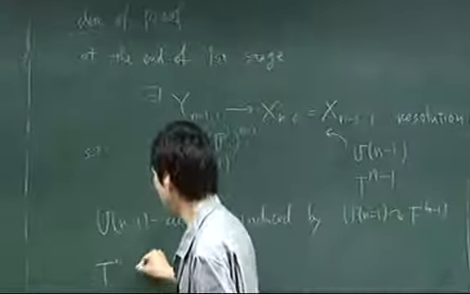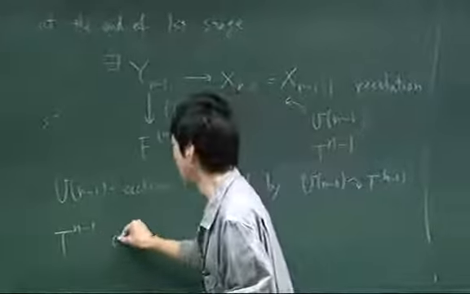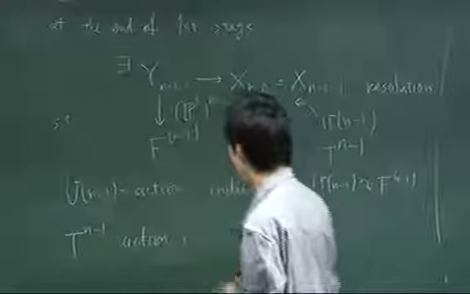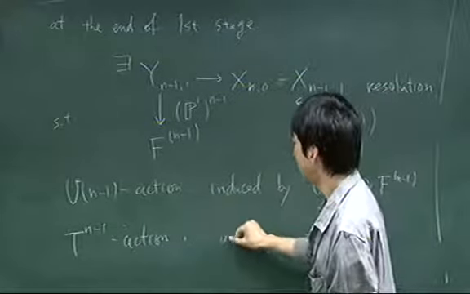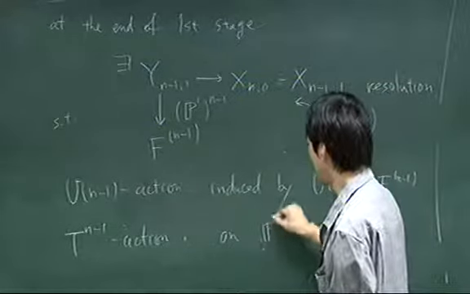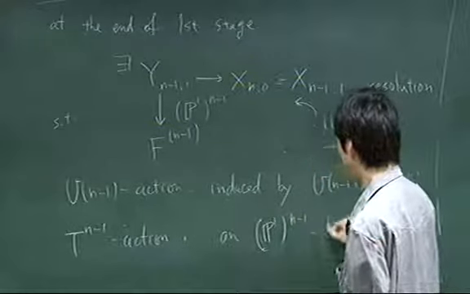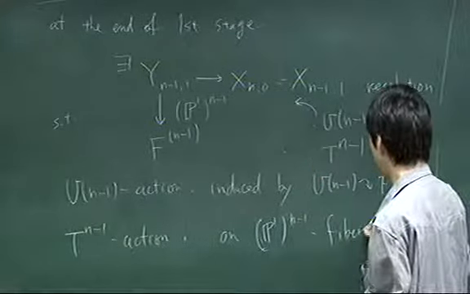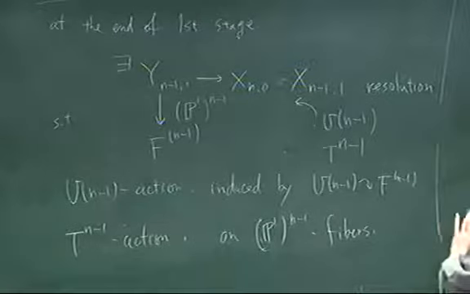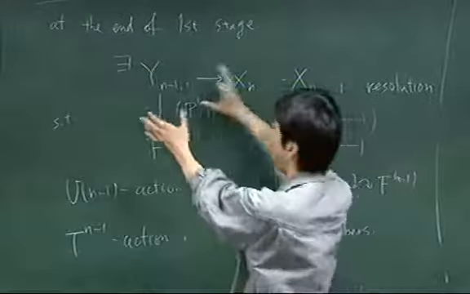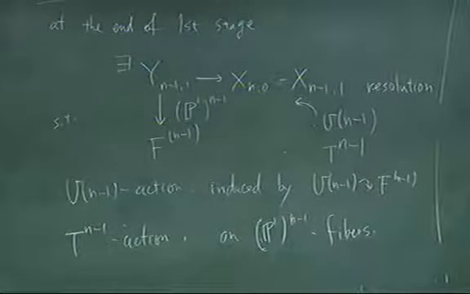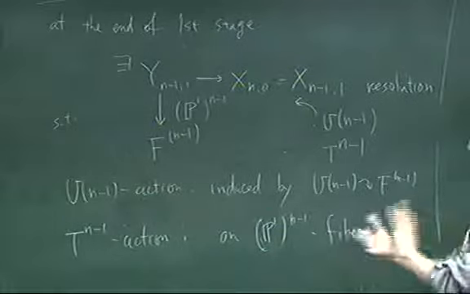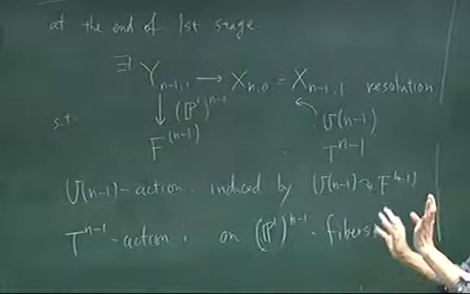And the action of the torus comes from the action on the fibers. So if we pull back everything to this resolution, then we can see very explicitly that the functions are Poisson commuting or coincide with the next stage.